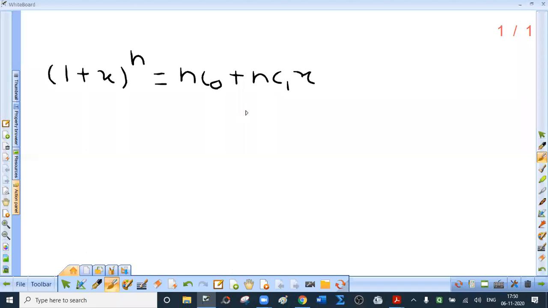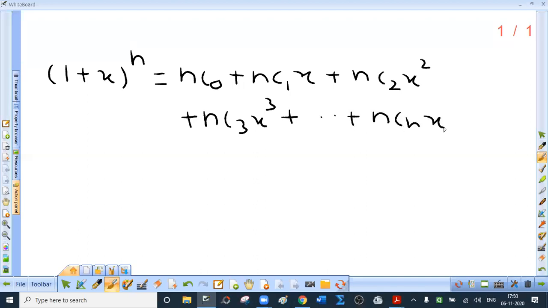So simply nC1 x plus nC2 x square plus nC3 x cube up to what? Up to nCn x raised to n. This is not at all difficult. We have used the basic binomial theorem for natural index, (1 plus x) raised to n equal to.